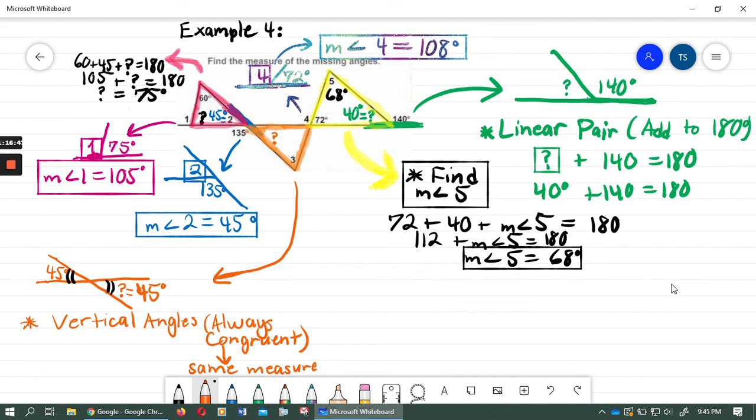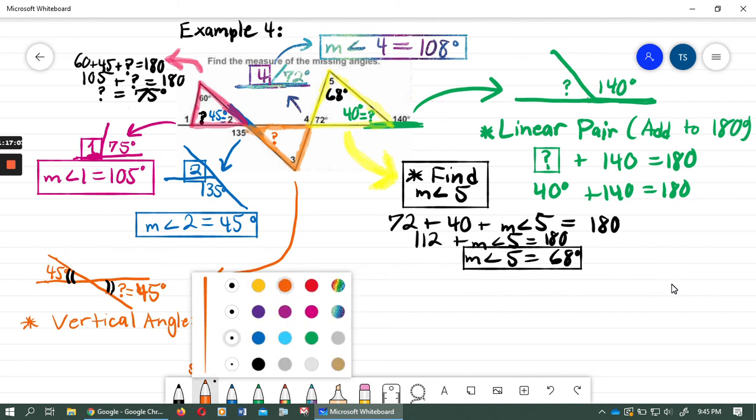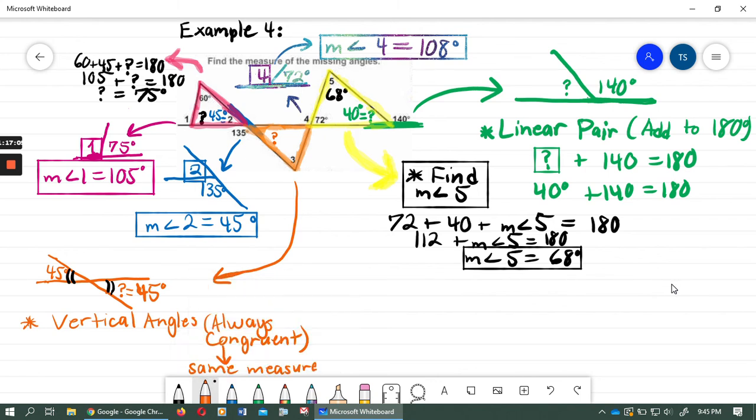Okay, so folks, the same way that these two angles with that little question mark were vertical angles, that's not the only set of vertical angles that we have in the diagram. In the same diagram, we also have another set of vertical angles, and that other set of vertical angles was that pair.